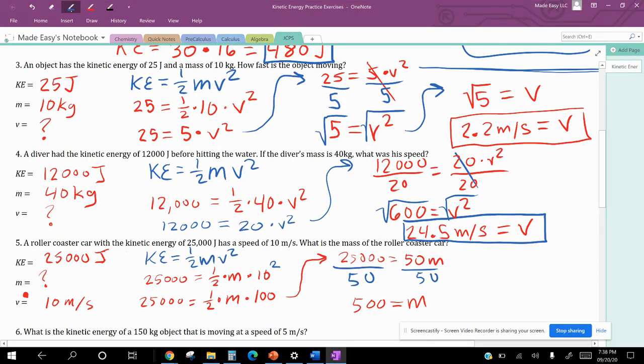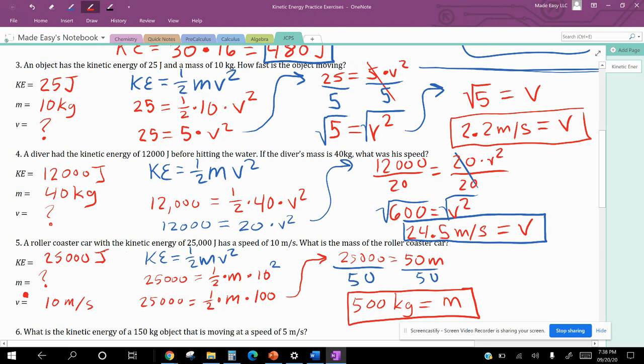We'll put a box around that. Now I forgot to put my units. Since we're talking about mass, we're talking about kilograms. Mass equals 500 kilograms.